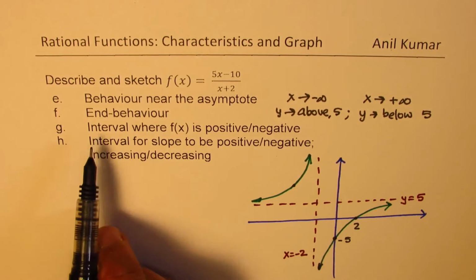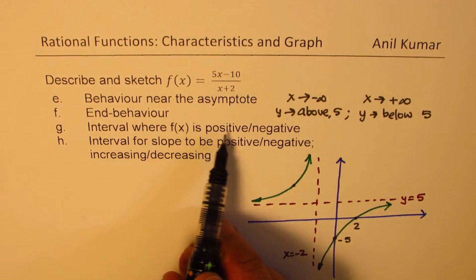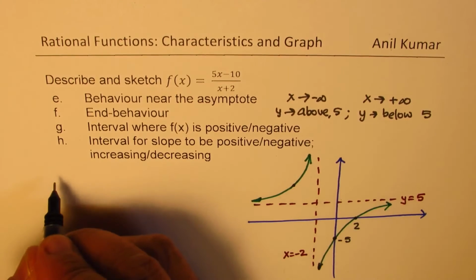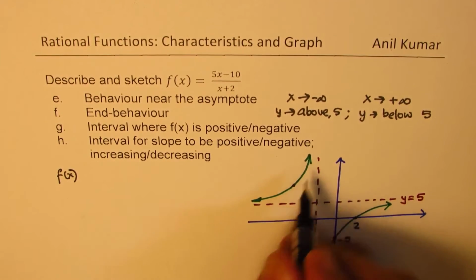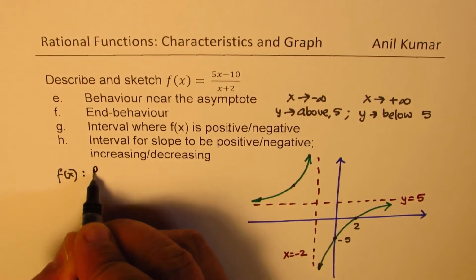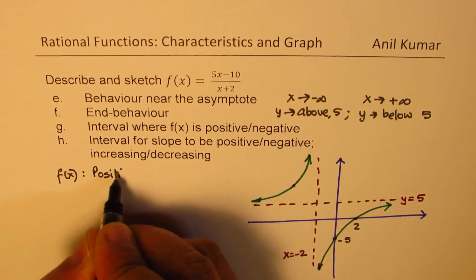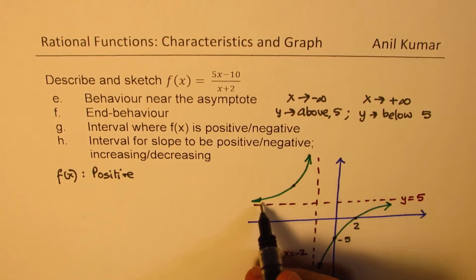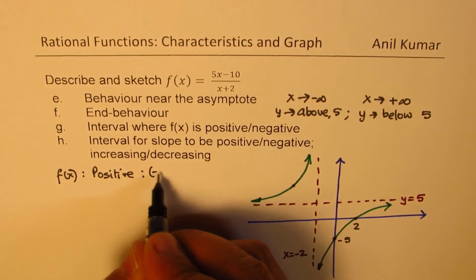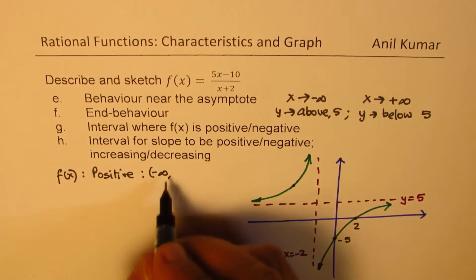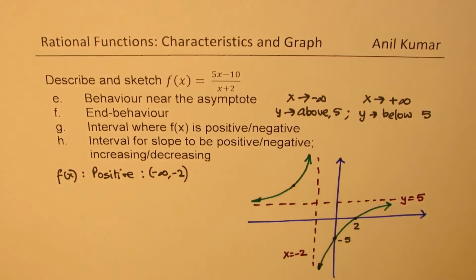Now, let's look into the interval where f of x is positive or negative. f of x is the function itself whose graph is before you. So f of x is positive when? You can see clearly it is positive in the left half, between -infinity and -2. You cannot include these points.